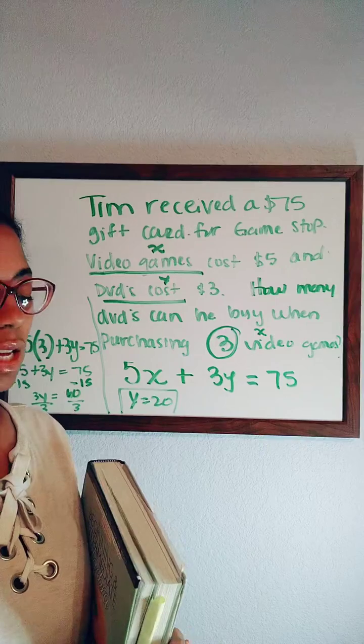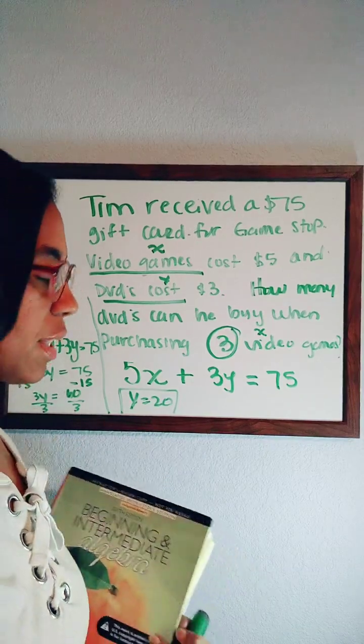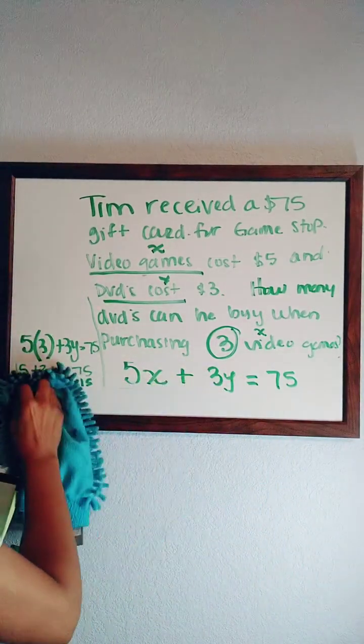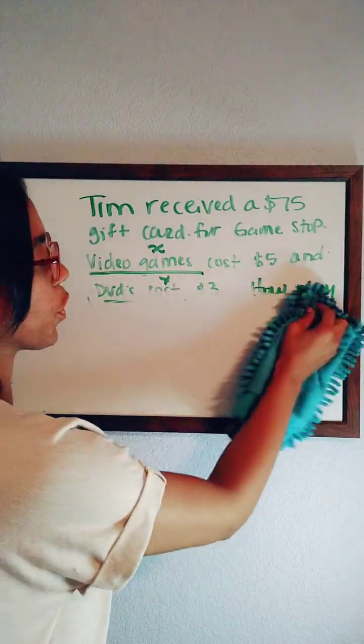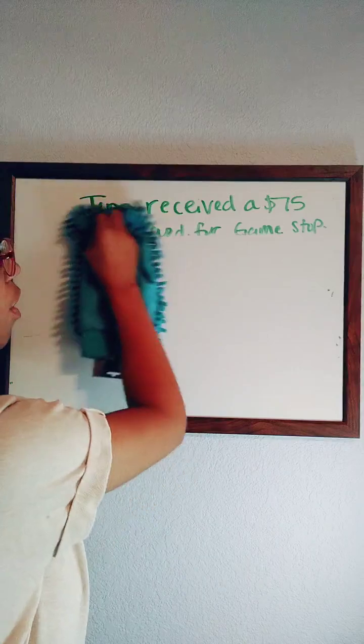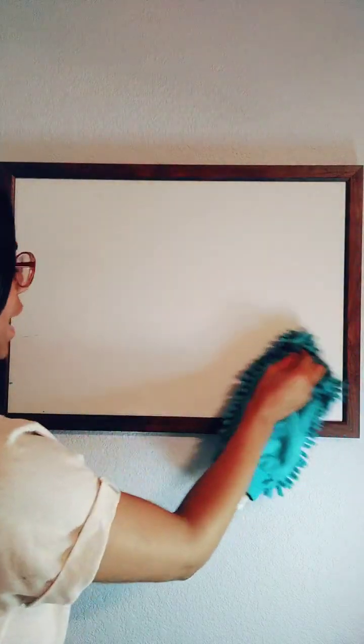Hopefully that makes sense. So someone said that was cool. She wanted to do a linear equation in 2 variables. So anytime you have a linear equation with a word problem in 2 variables, all you're going to do is assign variables to both items in your word problem.